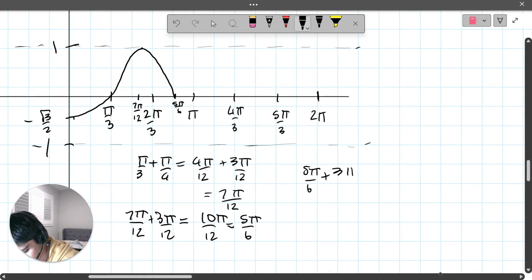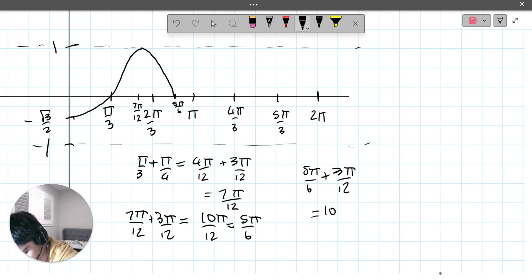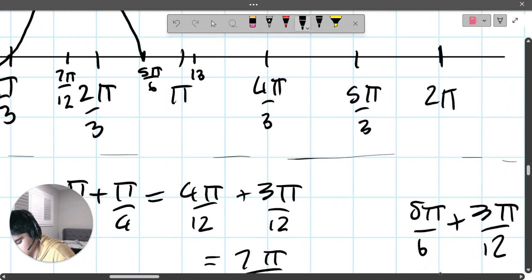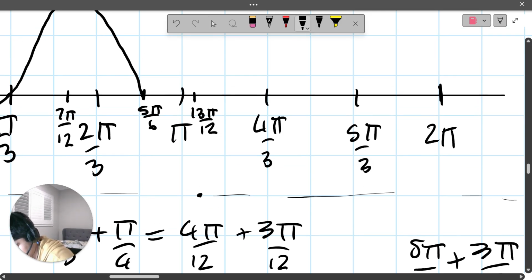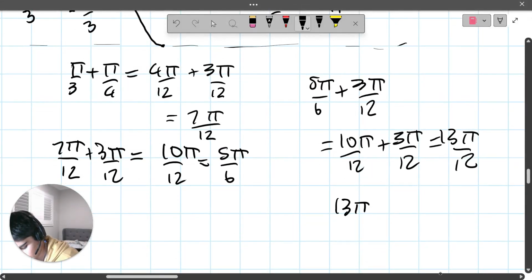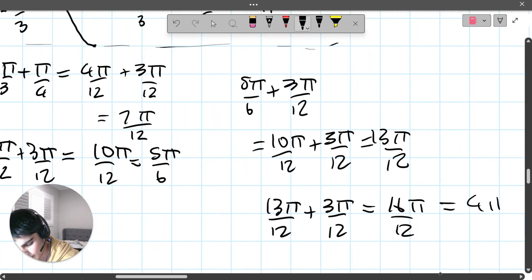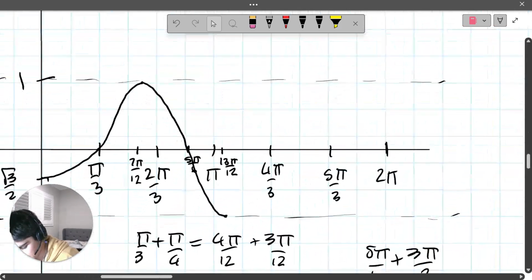5 pi on 6 plus 3 pi on 12 equals 10 pi on 12 plus 3 pi on 12, which equals 13 pi on 12. Now 13 pi on 12 lies around here. 13 pi on 12, so this should be around here. 13 pi on 12 plus 3 pi on 12 equals 16 pi on 12, which equals 4 pi on 3.